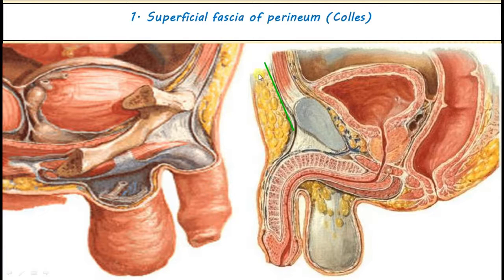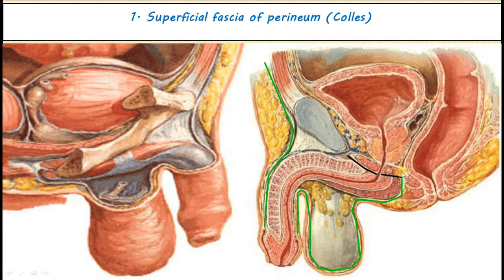So deep to the fascia Camper, you have the Scarpa's fascia continuing in the superficial perineal pouch, continuous with the fascia of the penis, and if you trace it, it is continuous with the fascia of the scrotum, the dartos layer of the scrotum, and then finally it goes and fuses with the inferior fascia of the urogenital diaphragm, that is the perineal membrane. So there it fuses.